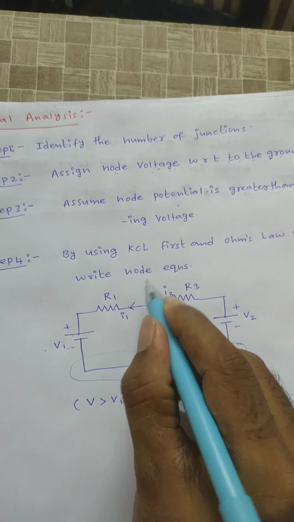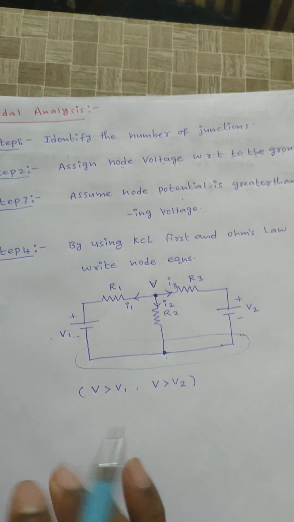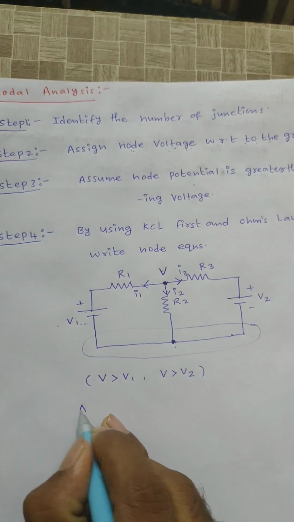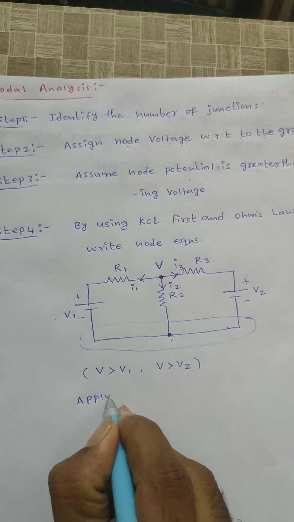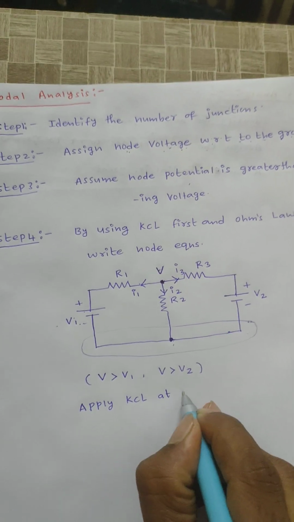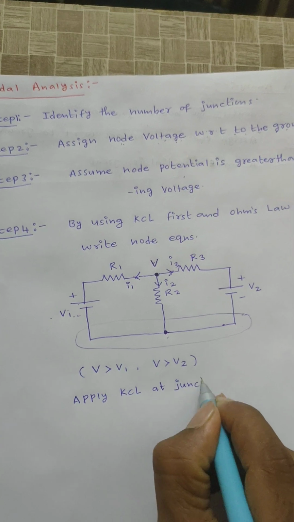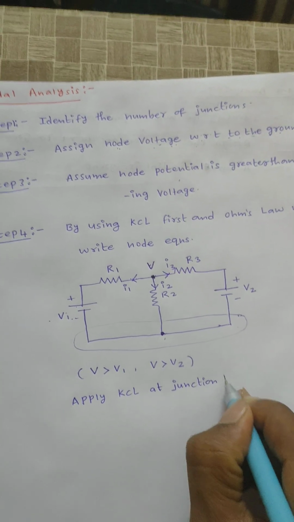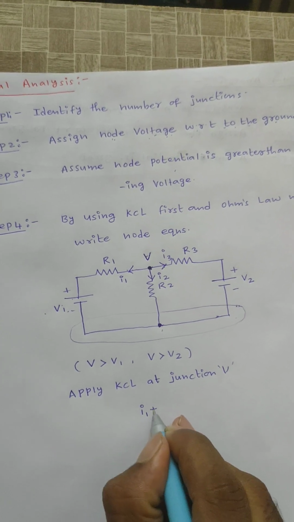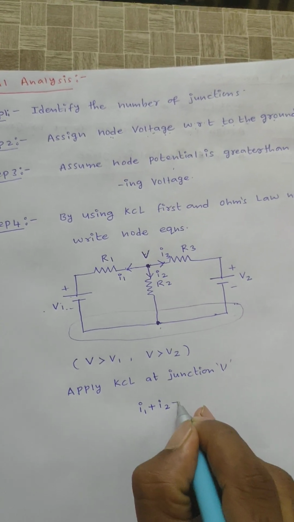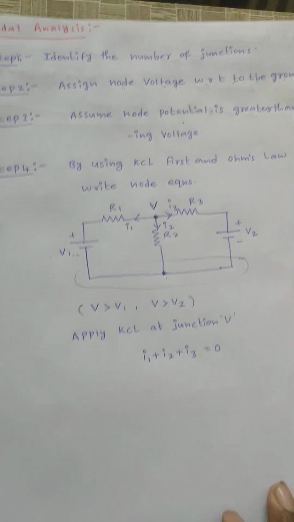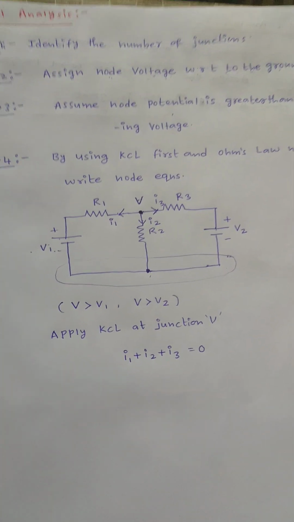By using KCL first and Ohm's law next, write the nodal equations. Apply KCL at junction V. All are outgoing currents, and you will get I1 plus I2 plus I3 equals 0.